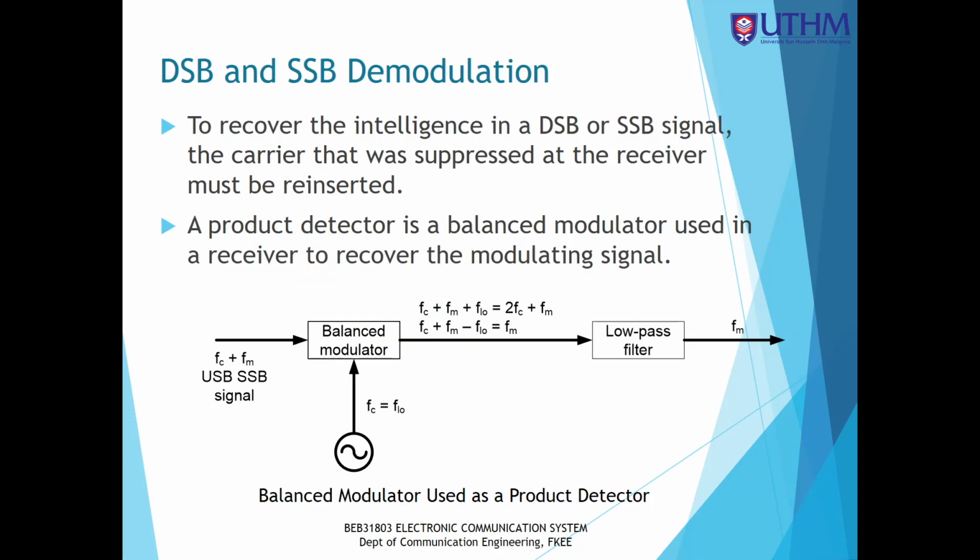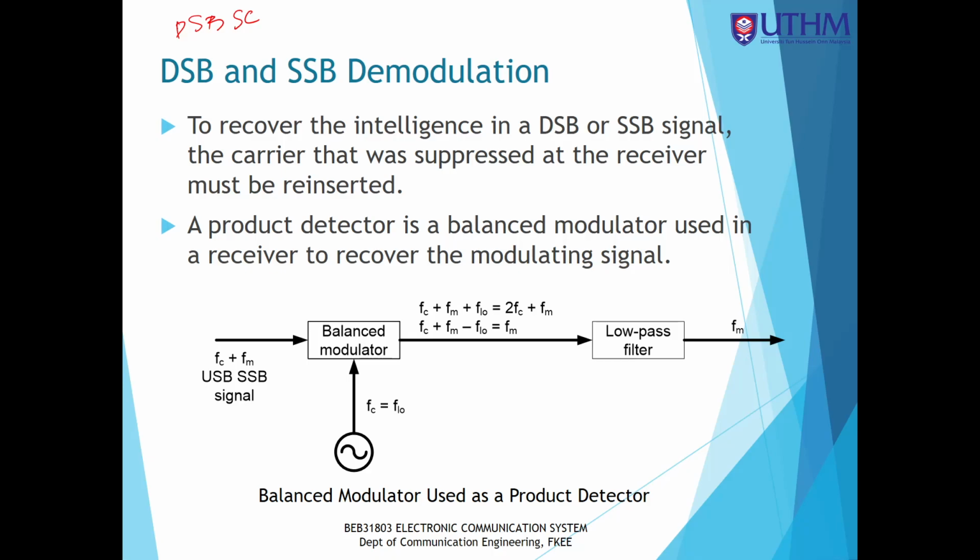The next topic is about the detector for double sideband suppressed carrier, and also for the single sideband. So how do we demodulate the double sideband suppressed carrier and also the single sideband?